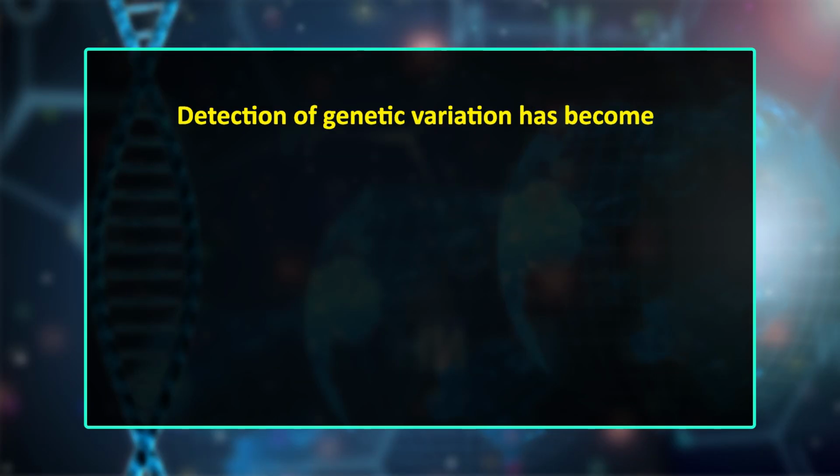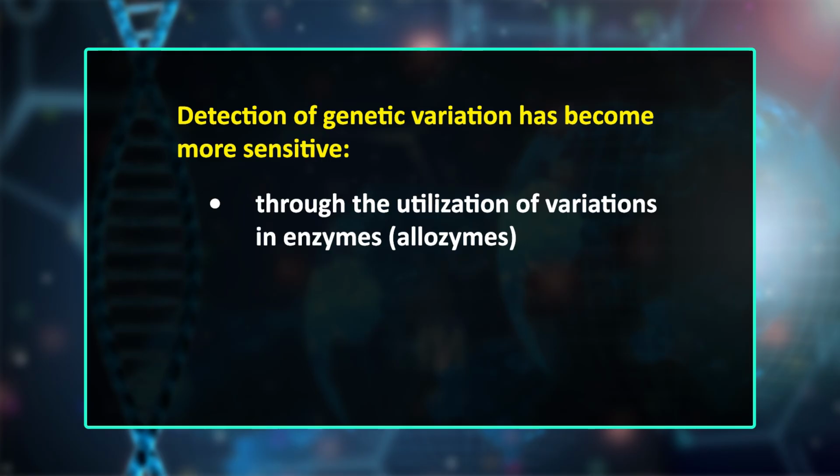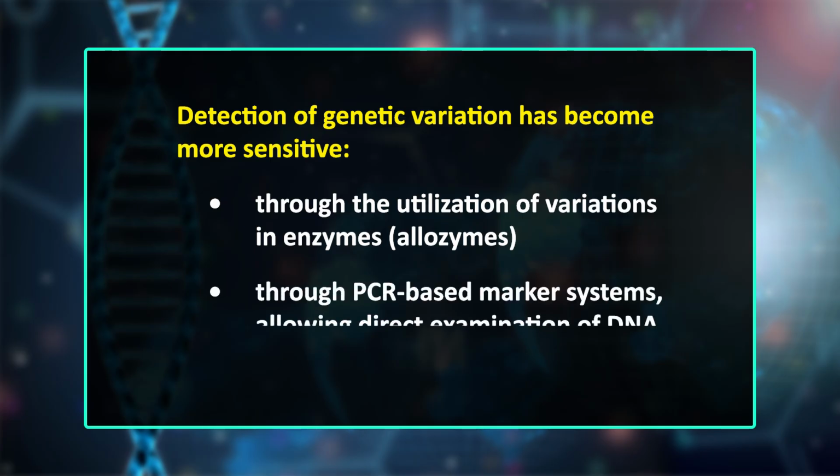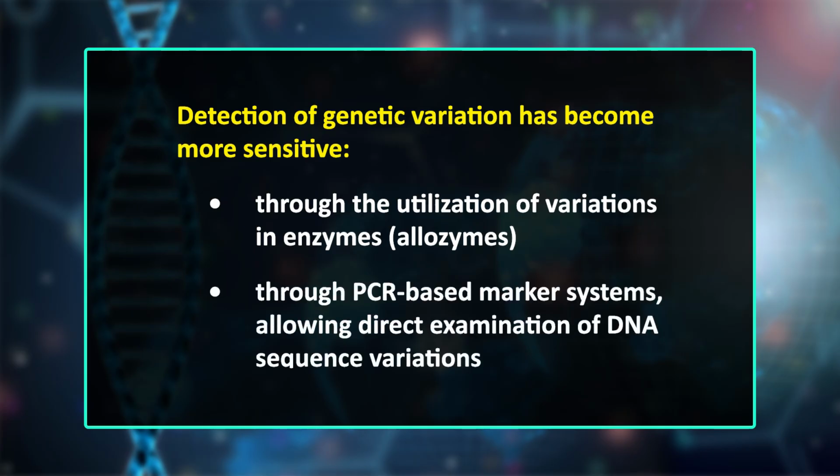Subsequently, the detection of genetic variation has become more sensitive, firstly through the utilization of variations in enzymes, that's allozymes, and then through PCR-based marker systems, allowing direct examination of DNA sequence variations. The precise detection of genetic diversity has greatly enhanced the studies of evolution.